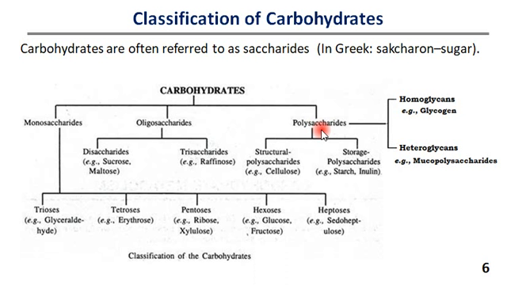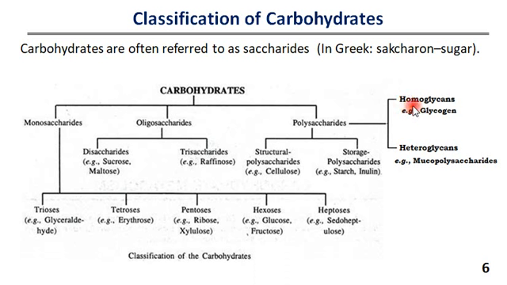On the basis of composition, polysaccharides are divided into 2 types, homoglycans or homopolysaccharides, and second is heteroglycans, means heteropolysaccharides.